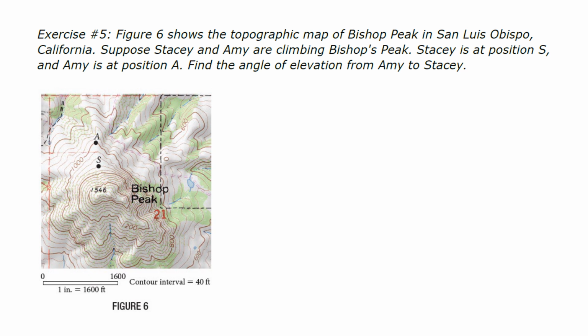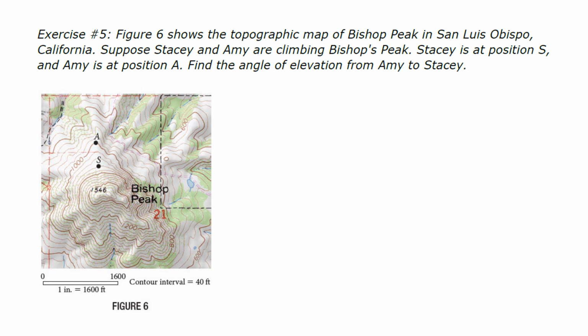So this is an image of a topographic map, meaning that the curves that you see here are different levels of elevation. Now, Amy is at position A and Stacy is at position S. We also know on this graph that our contour intervals equal 40 feet.